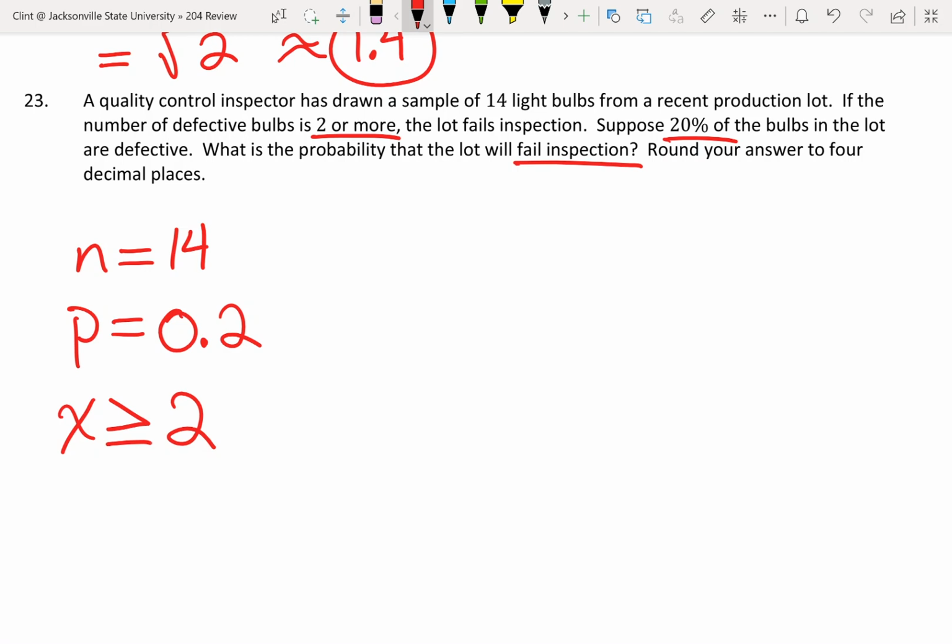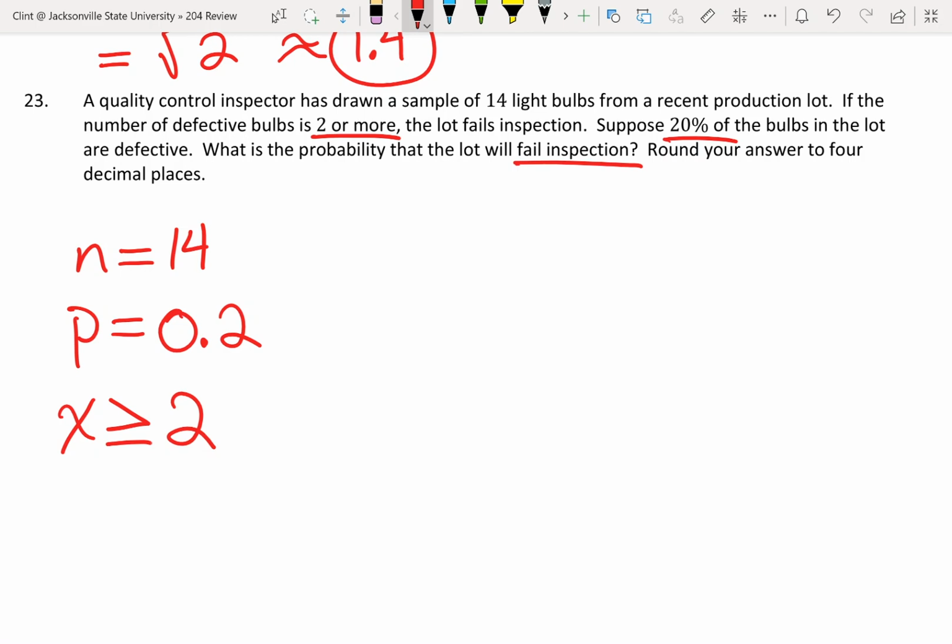To find this, if you're using the formula, we would need to find the probabilities of 2, 3, 4, 5, 6, 7, 8, 9, 10, 11, 12, 13, and 14, and add all those together. That's not what I suggest. But remember, if our sign's pointing the wrong way, we want to use the cumulative binomial here. But cumulative binomial gives us less than or equal to some number.